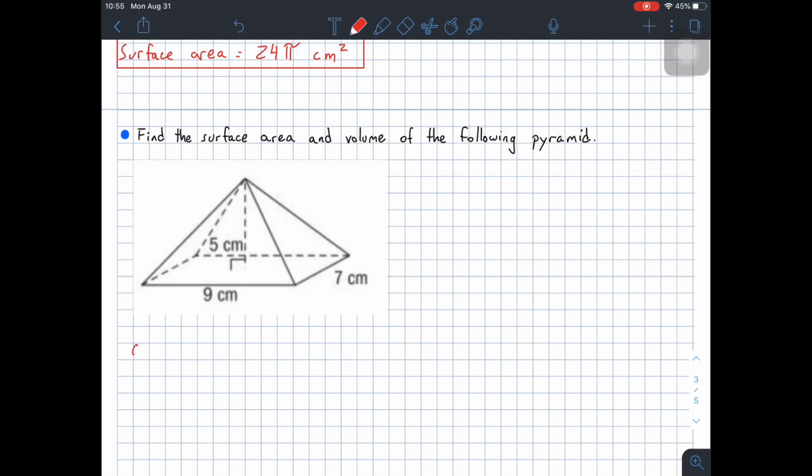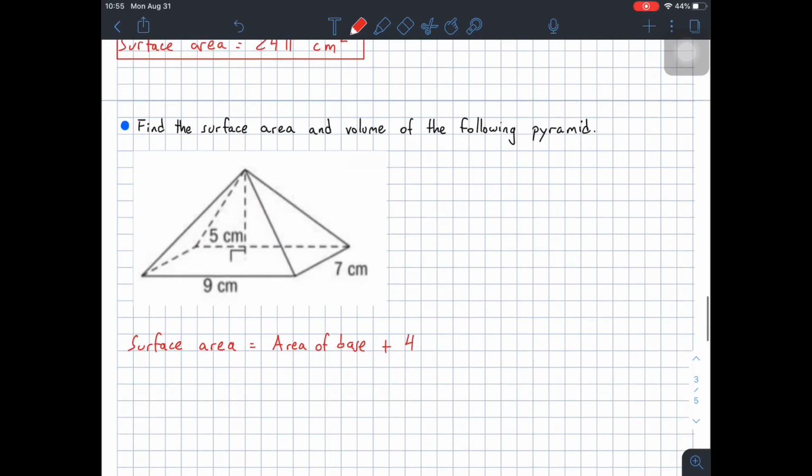To find the surface area, you see that we need to add the base. So let me write this as area of base, plus, and we need to add how many triangular faces do we have? 1, 2 in the back, 3 here, and 4 here in the front. So we have four lateral areas.